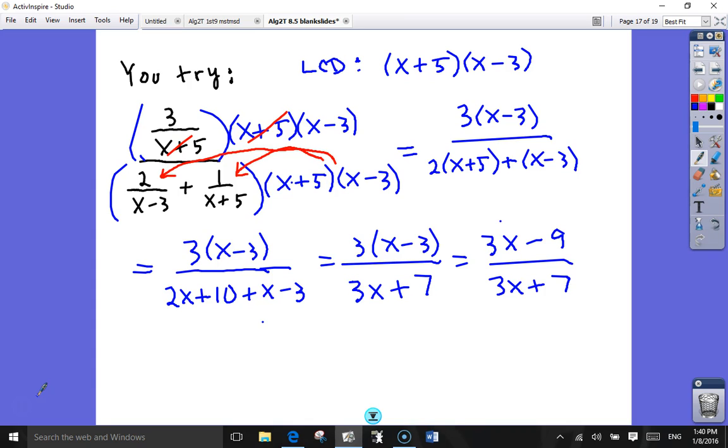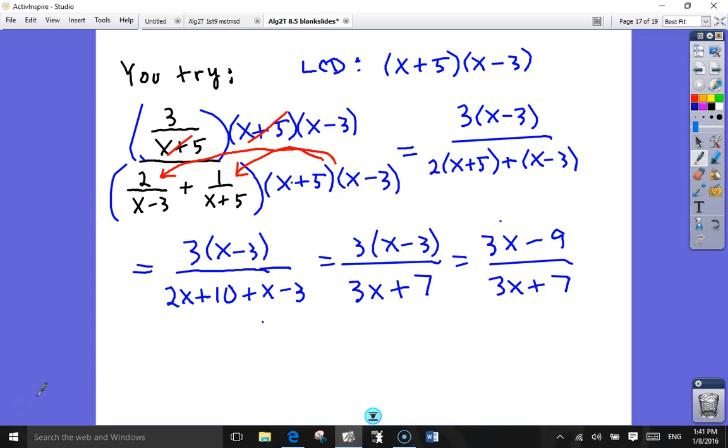The first method, I'll do over here. Three times x. Let's see, 2 over x minus 3. So if we were going to use the first method, I'd find the LCD between these two, which is the same thing.